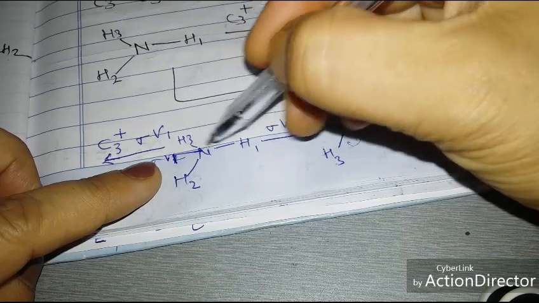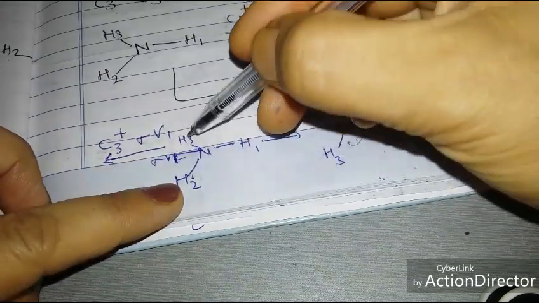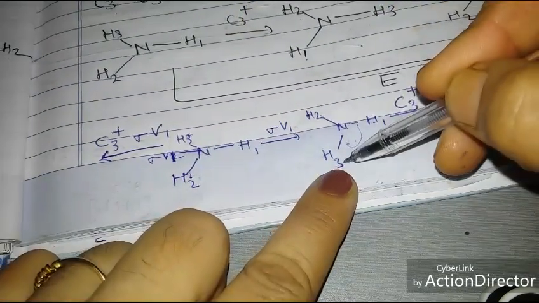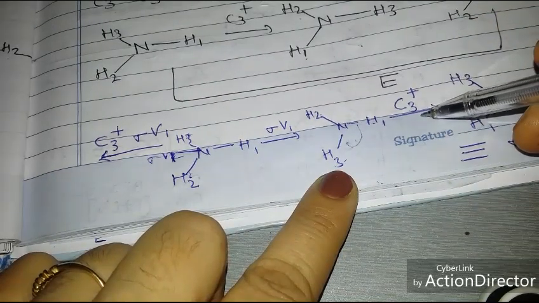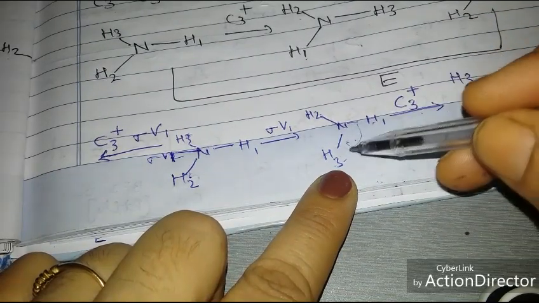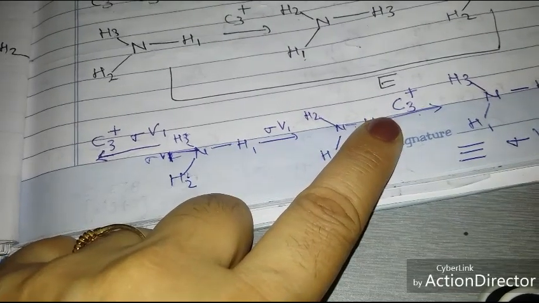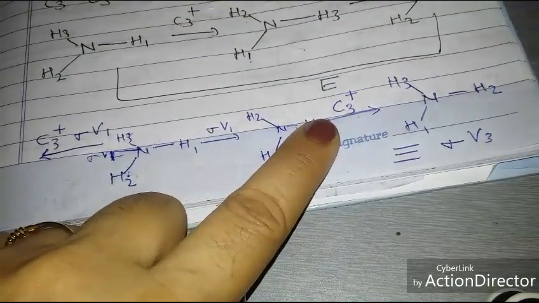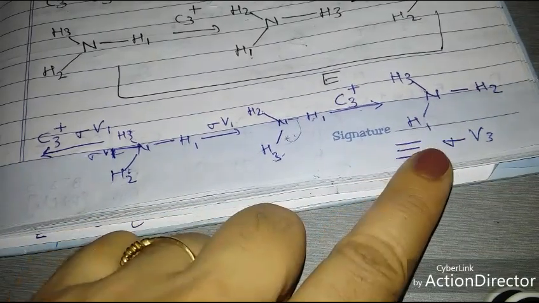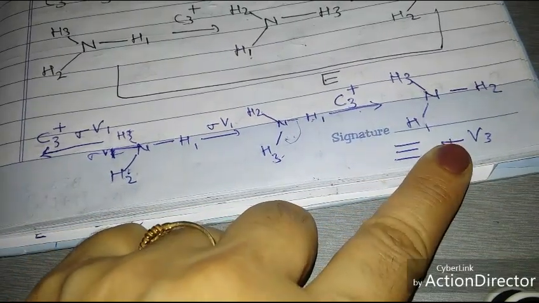So when you are applying the plane over here, these two, H2 and H3, will interchange their position. Now in this you are applying C3 rotation, 120-degree rotation, H1 will come here, H2 will go here, and now this is nothing but equivalent to sigma V3.